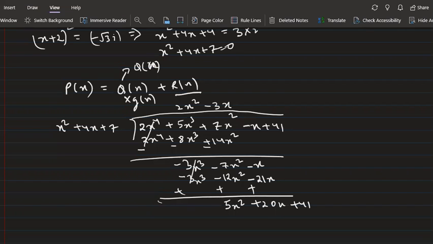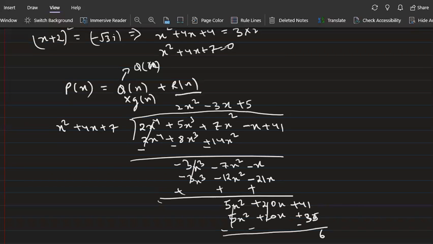So plus 5, so we are getting 5x² plus 20x plus 35, minus, minus, minus. So we are left with 6.